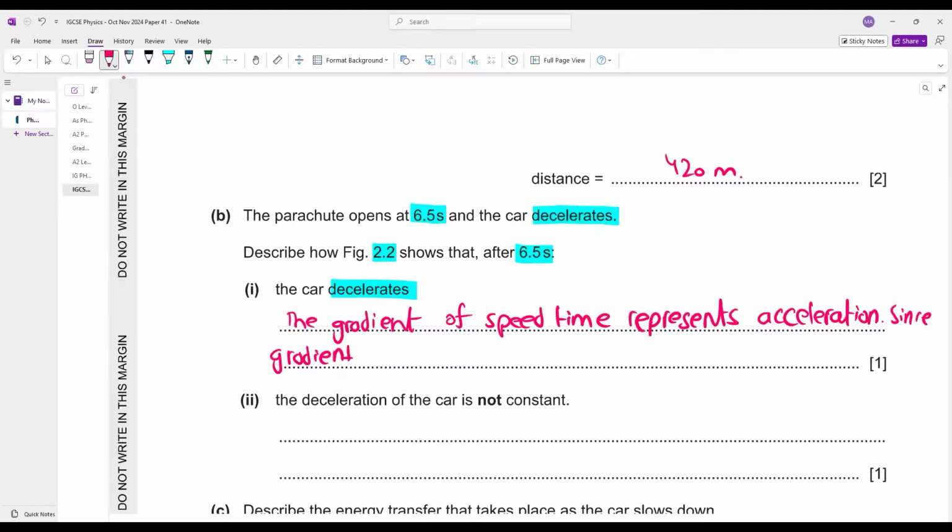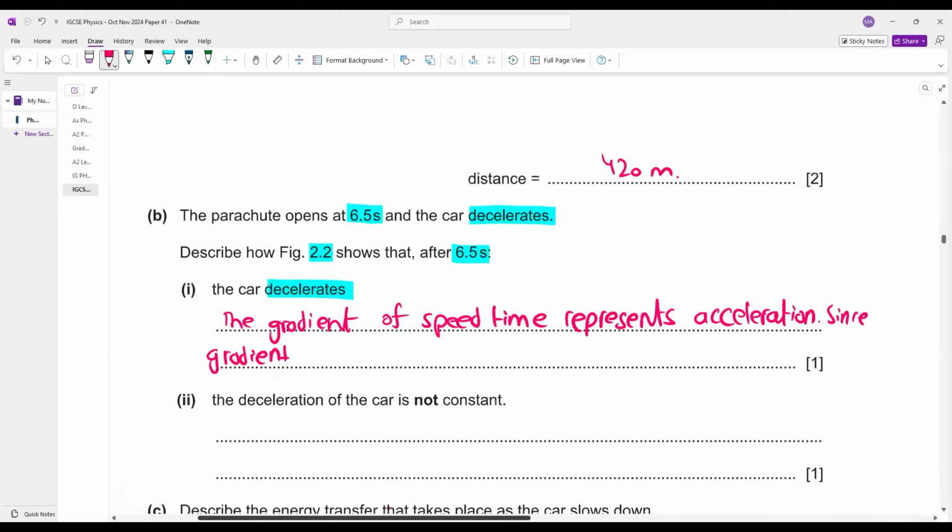Although this is a one marker question, I am giving you a two marker answer, since gradient becomes negative after t is equal to 6.5 seconds. The car is decelerated. Simple.